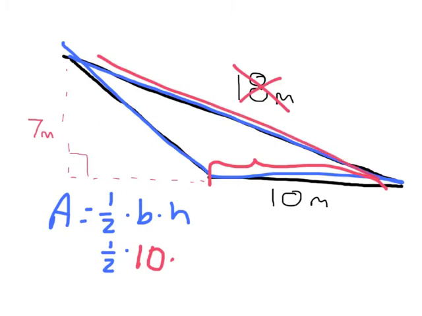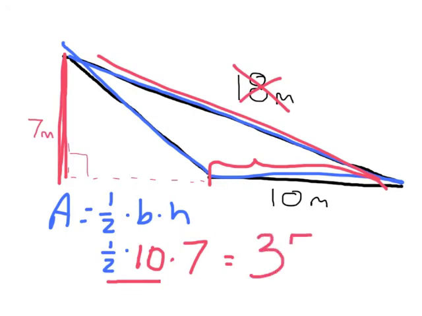What we need is the straight up and down height of that triangle, which is 7. Then we finish by multiplying. 1/2 of 10 is 5. 5 times 7 is 35 meters squared.